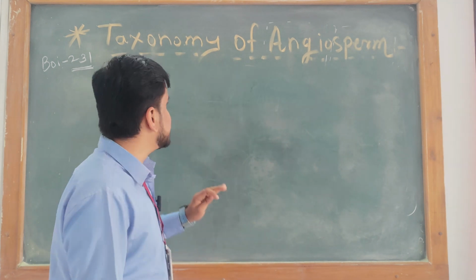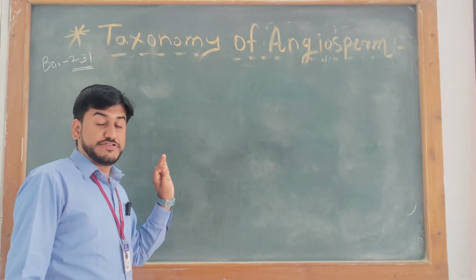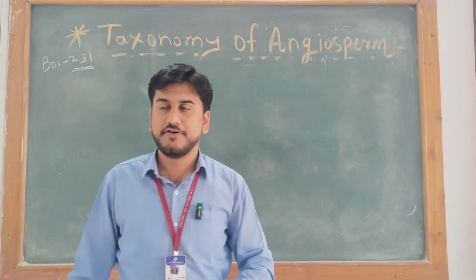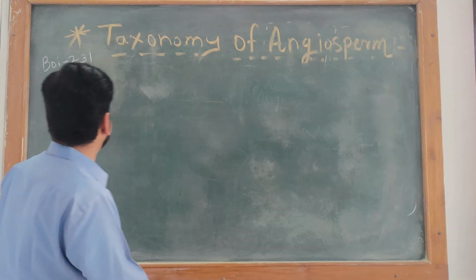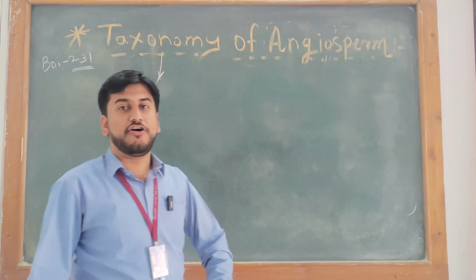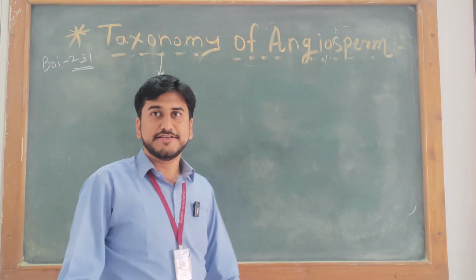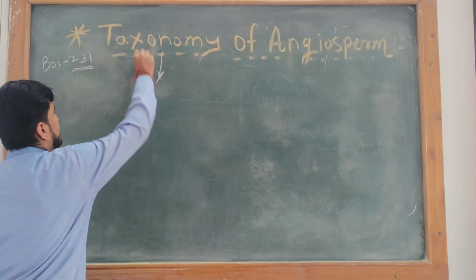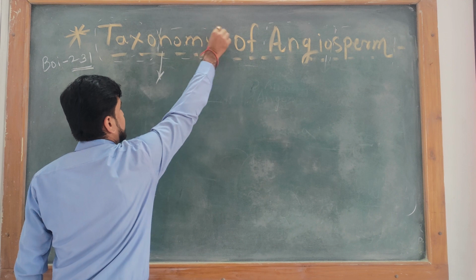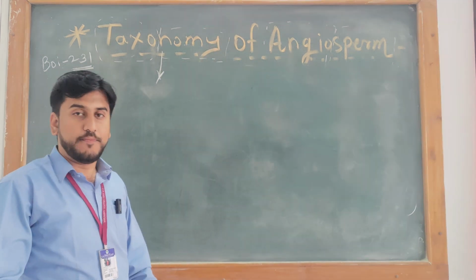So the plant group is classified into different groups, cryptogams and phanerogams, as you know very well. Now we are discussing taxonomy. What is the meaning of taxonomy? Okay, so taxonomy is again divided into two words, taxis and nomos.